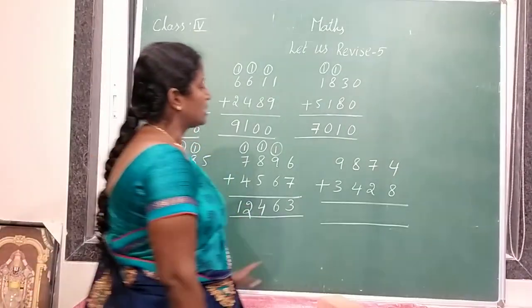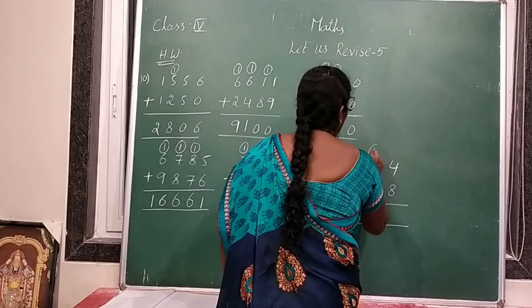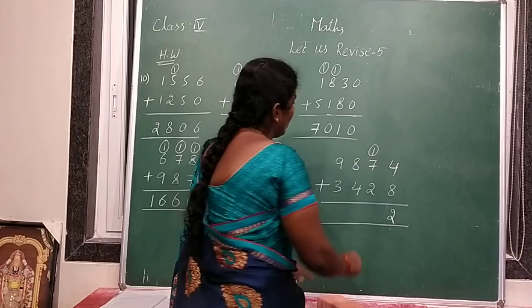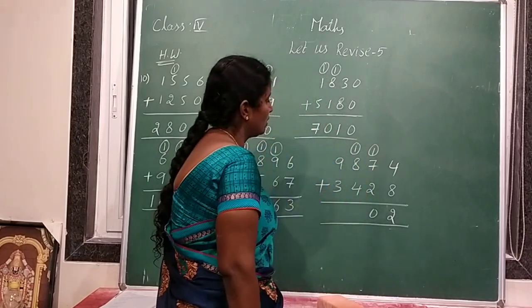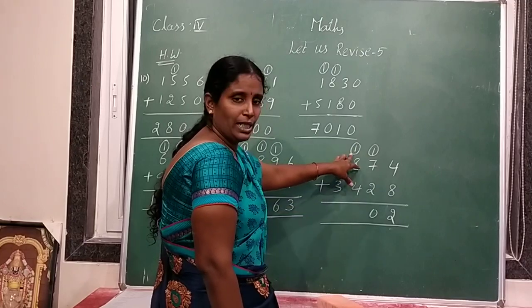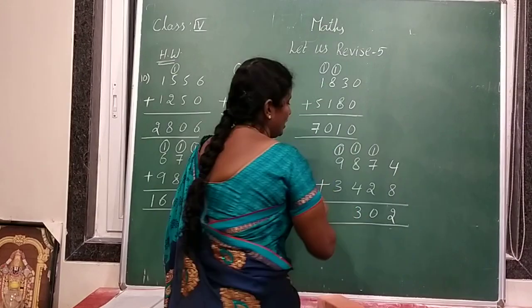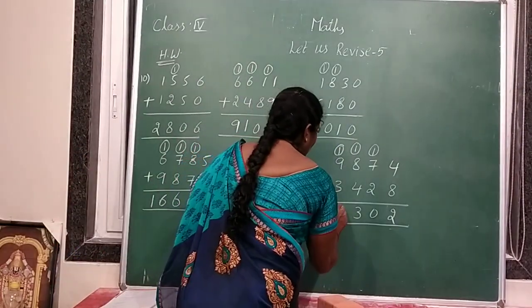Okay. Next, 8 plus 4 is 12. 7 plus 2, 9 plus 1 is 10. 8 plus 4 is 12 plus 1 is 13. Very good. 9 plus 3 is 12 plus 1, 13.